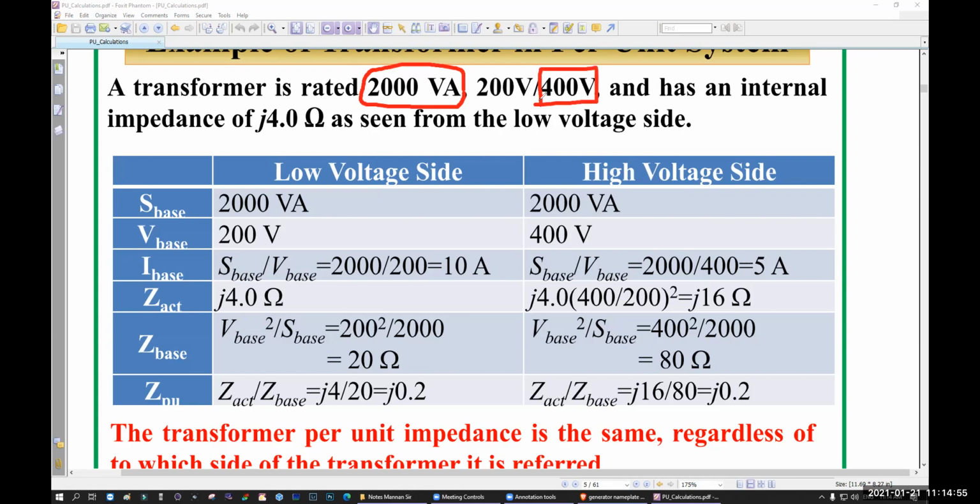Why is current different? If you run more load, if you use more appliances. Normally you do not turn on your AC, right? Normally you do not turn on your microwave. You have a microwave oven, or in your home you have an electric heater. That heater is not necessary to run at 100% time.